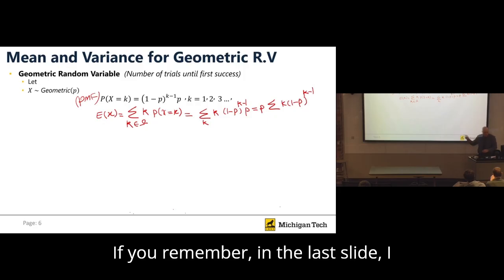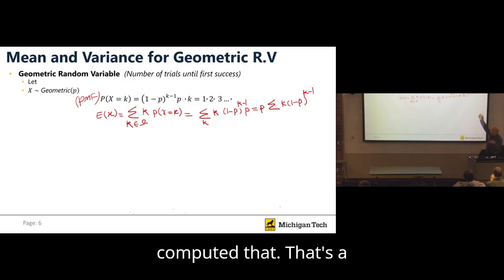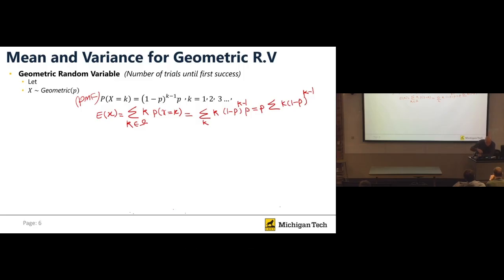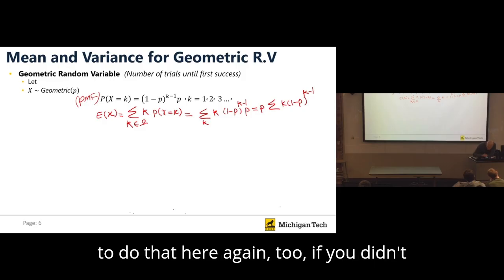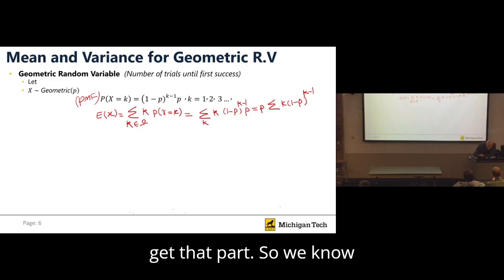If you remember, in the last slide, I computed that. That's a geometric series, but like a differentiation one. But I'm going to do that here again too, if you didn't get that part.